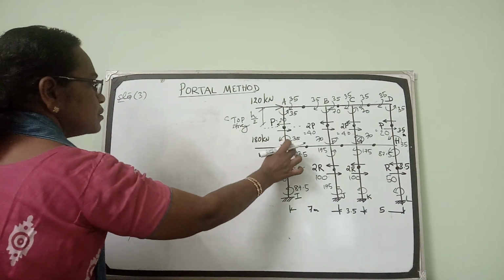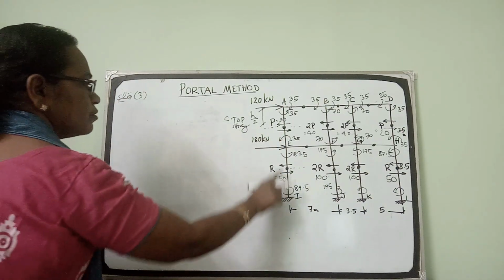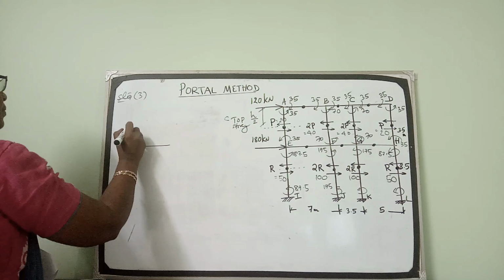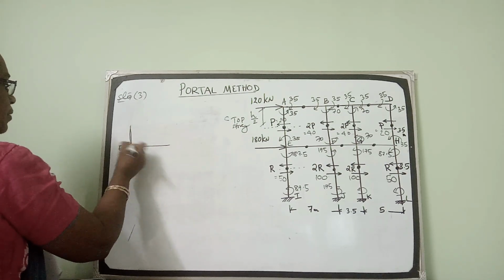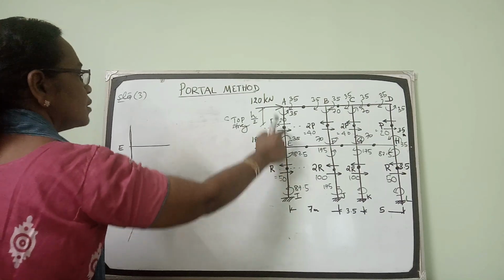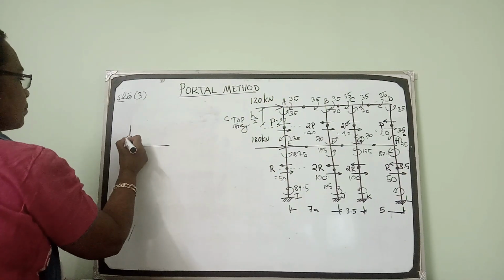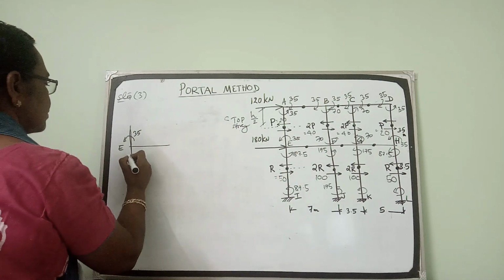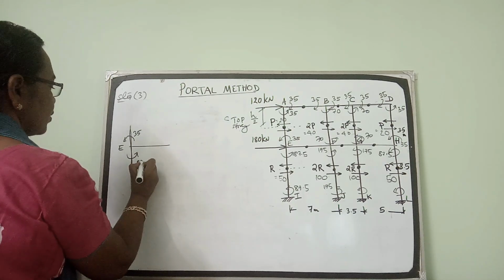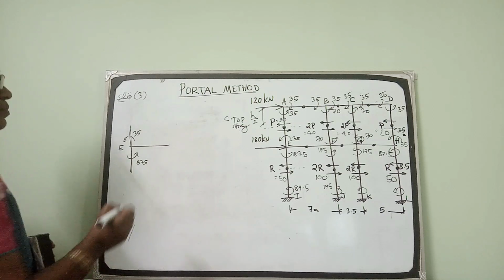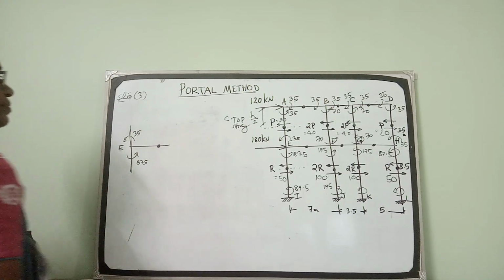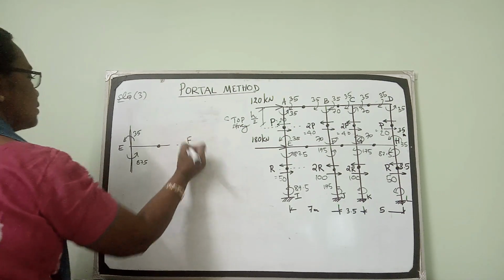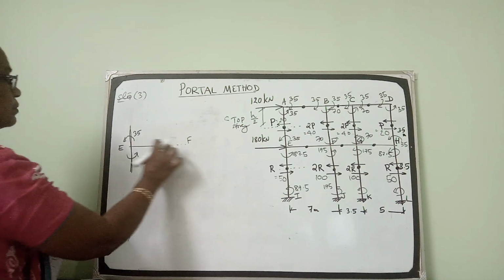Coming to this top beam of the first floor, consider point E. In point E, the column moment in EA here is anti-clockwise 35, here it is anti-clockwise 87.5, point of contraflexure is here, and EF this moves to F. So what will be the bending moment in EF?